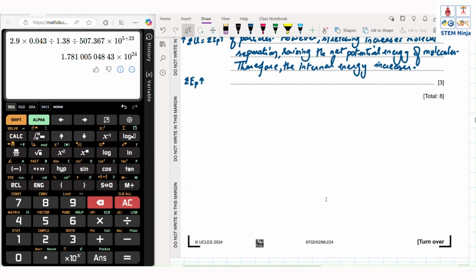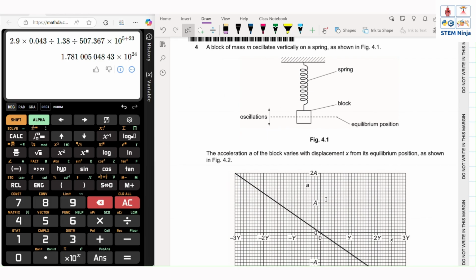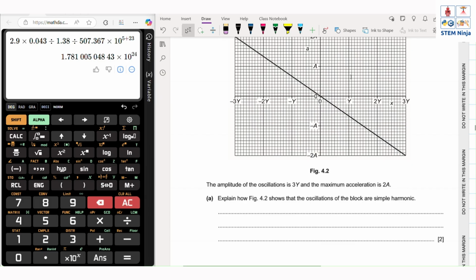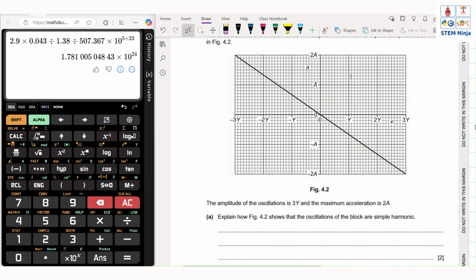All right, moving on. A block of mass m oscillates vertically on a spring. The acceleration a of the block varies with displacement x from its equilibrium position as shown. The amplitude of the oscillations is 3y and maximum acceleration is 2a. Explain how figure 4.2 shows that the oscillations of the block are simple harmonic.